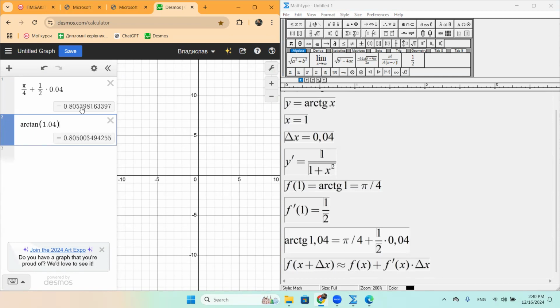So the difference is in the fourth position. So quite good precision. Any questions about this task?